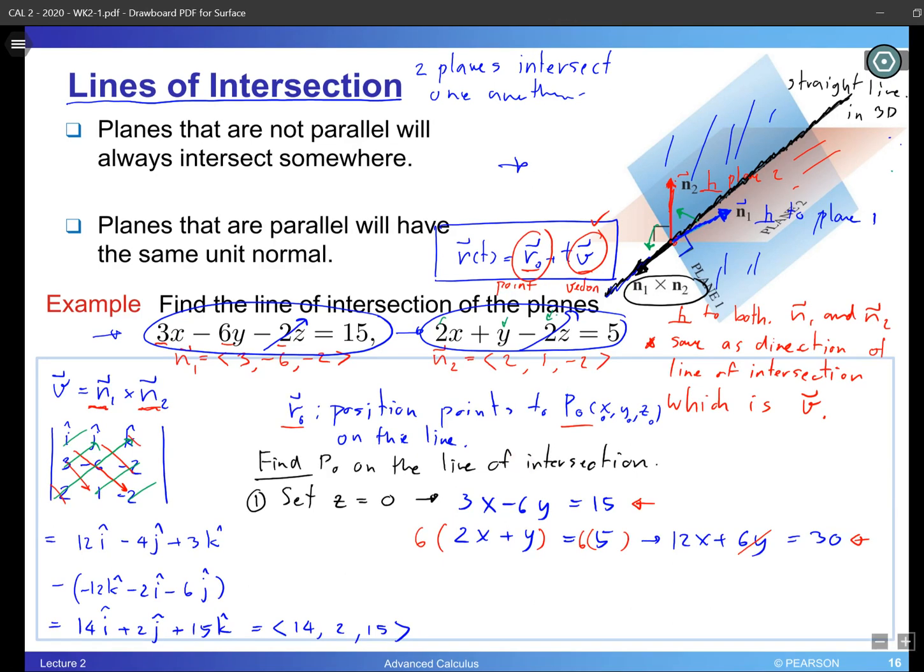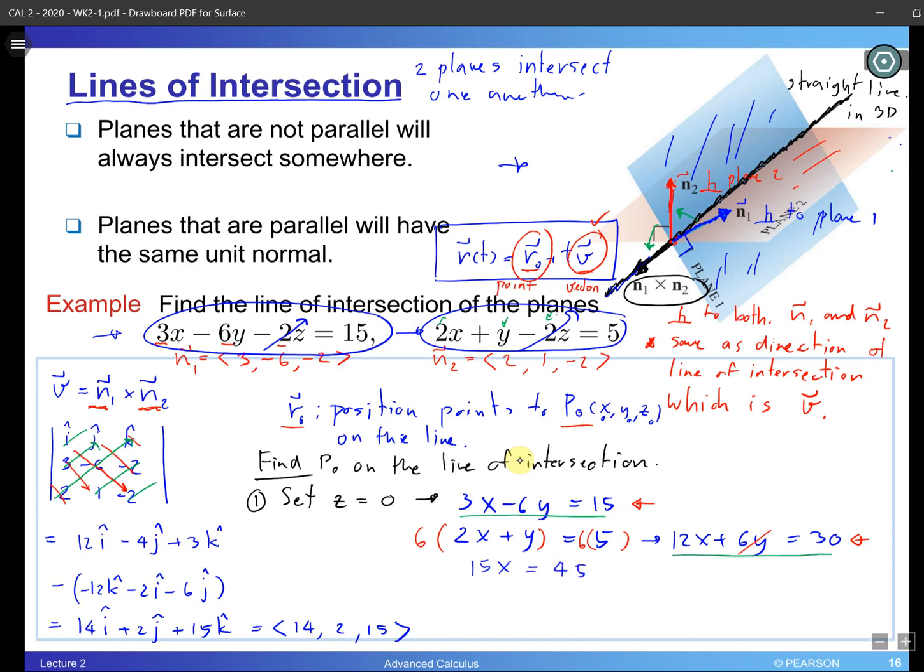Now I am going to add these two equations together. As you can see, on the left hand side I have 15x, and minus 6y plus 6y cancels to be 0, and on the right hand side I have 15 plus 30, so I have 45.